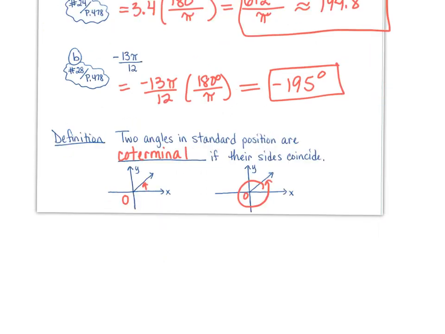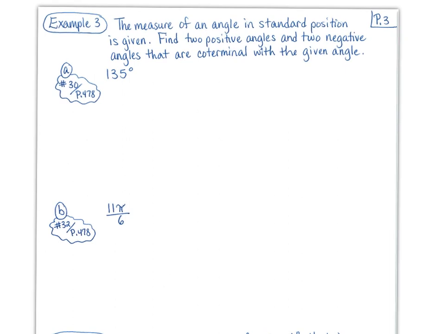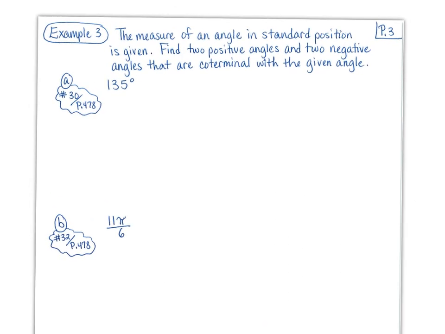Okay. Some examples here. In example 3, we start out by saying that the measure of an angle in standard position is given. Find two positive angles and two negative angles that are coterminal with the given angle.